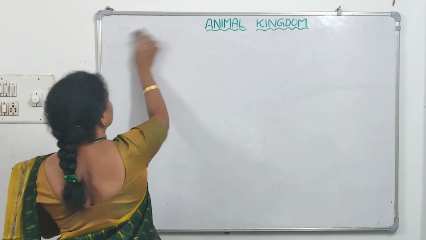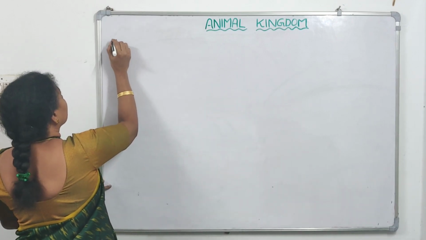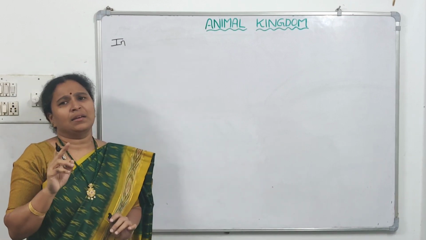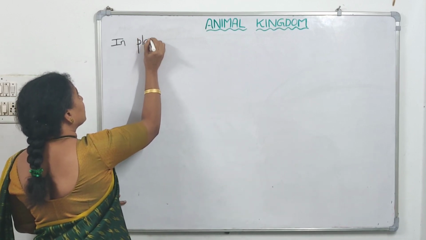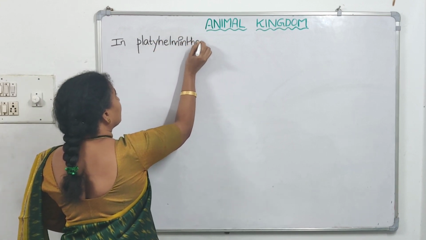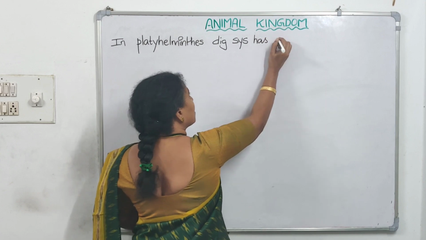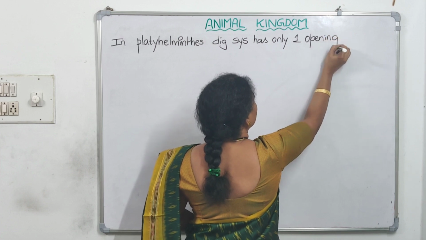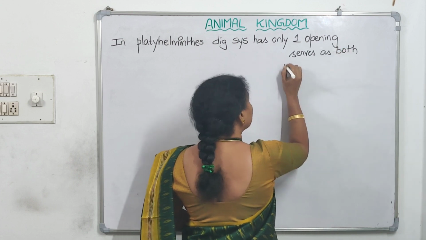So we are still in the first point itself. What is that? So we are telling now, we can start like in Platyhelminthes, the digestive system has only one opening, and this one opening serves as both mouth and anus.